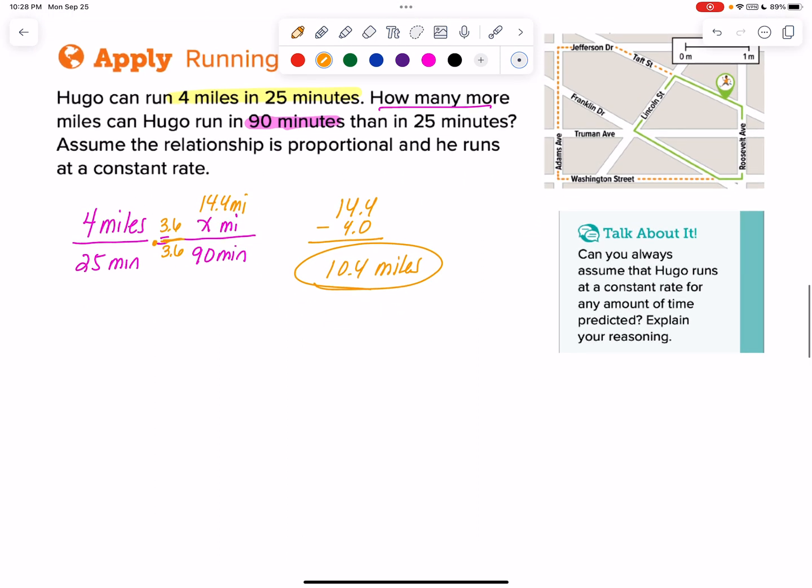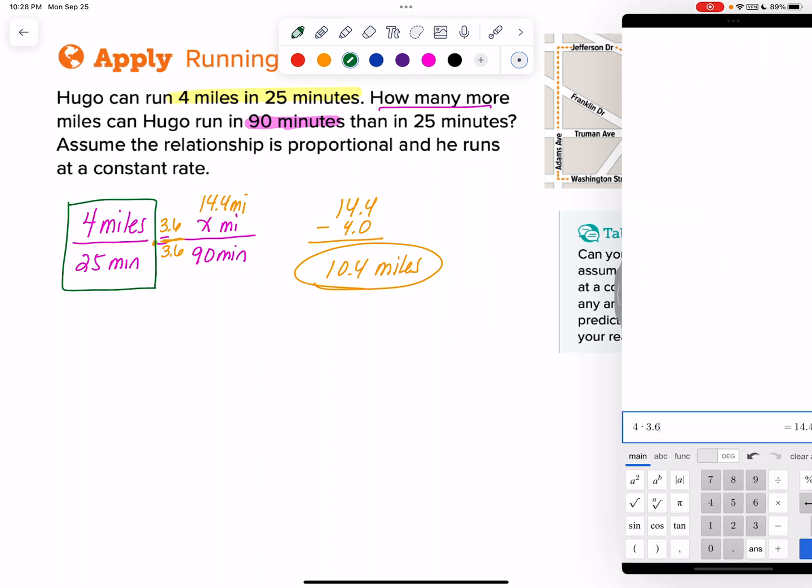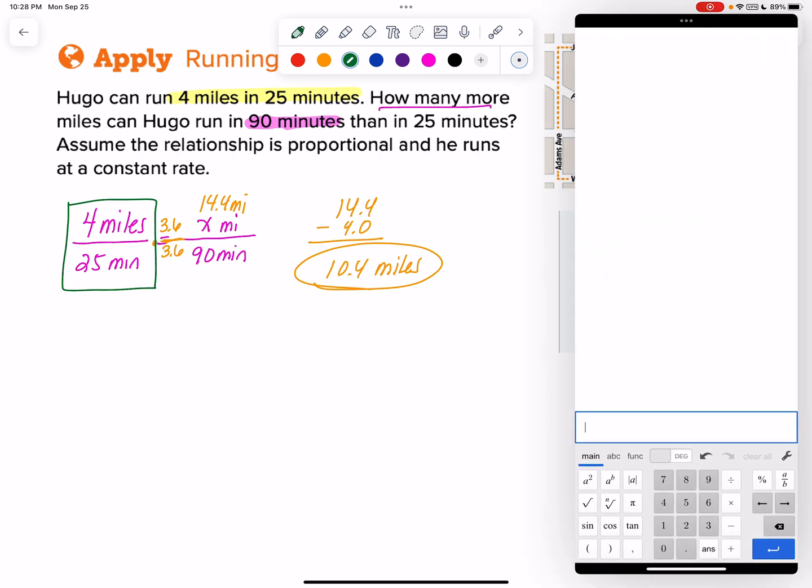I am going to show you the other option, which would have been to find that unit rate and make the equation. Okay, so if I want to find the unit rate for this, we know that we just take the numerator divided by the denominator. So 4 divided by 25, and I would get a unit rate of 0.16 miles per 1 minute.